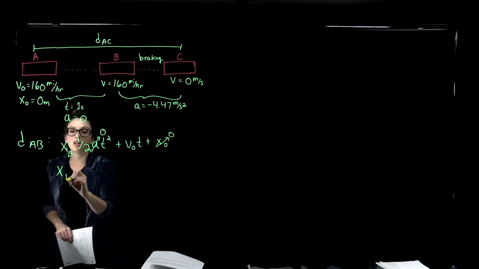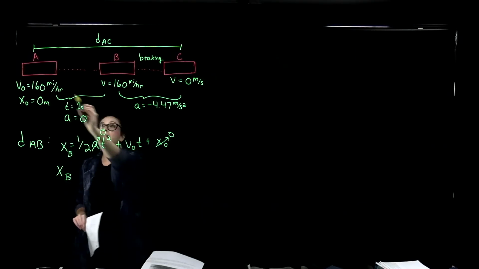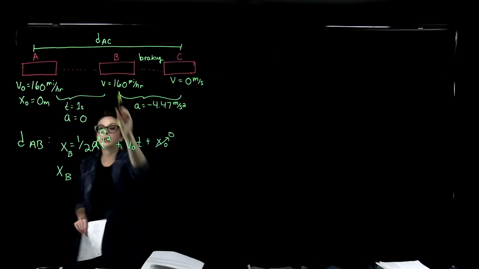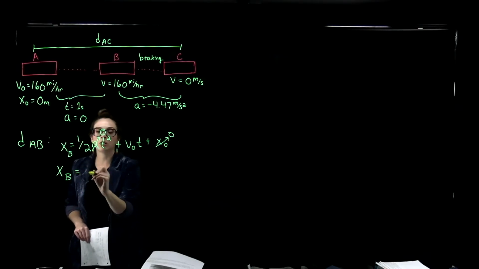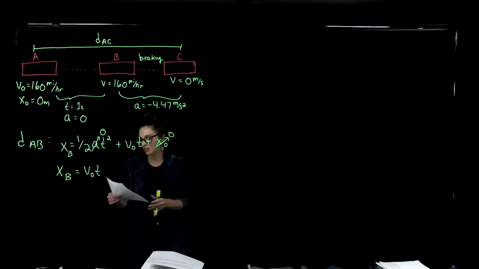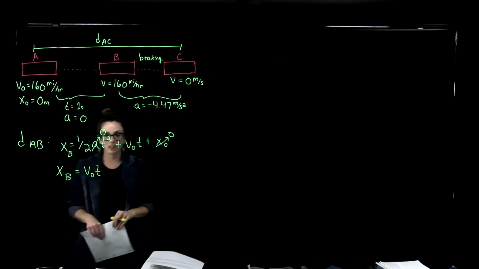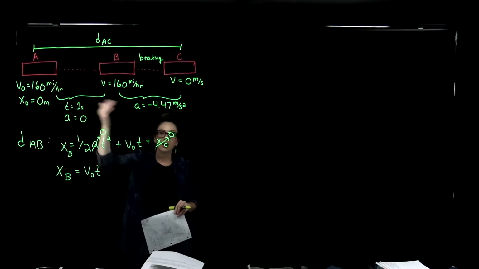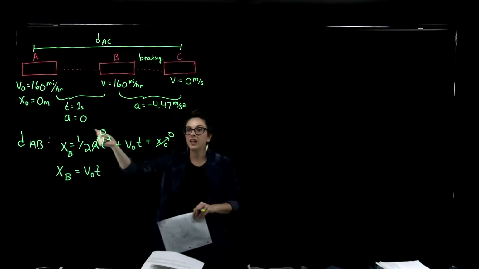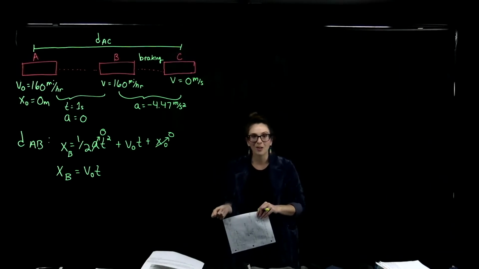So our position at point B, or that would be the total distance we travel between A and B, is going to be equal to V0t. That's it, just equal to V0 times t. Okay, so our t is given in seconds. Our initial velocity here was given to us in miles per hour, okay?